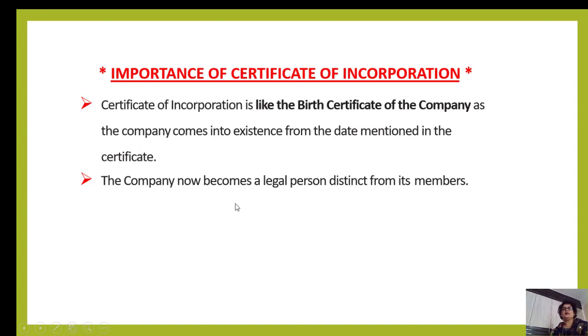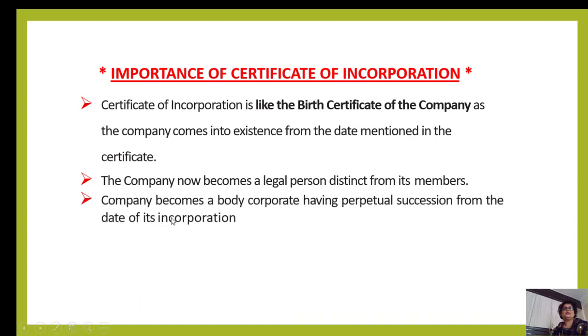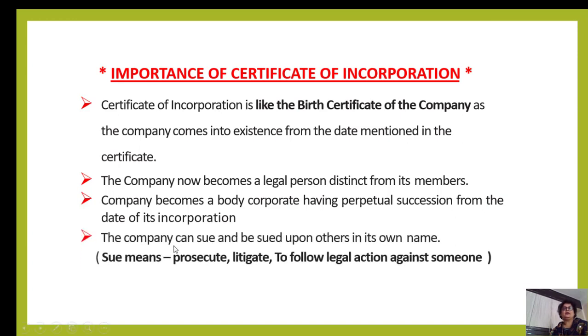The company now becomes a legal person distinct from its members. This is a very important point also. A company becomes a body corporate having perpetual succession from the date of its incorporation. The company can sue and be sued by others in its own name. Sue means to prosecute, to litigate, to take legal action against someone. Is it clear now?